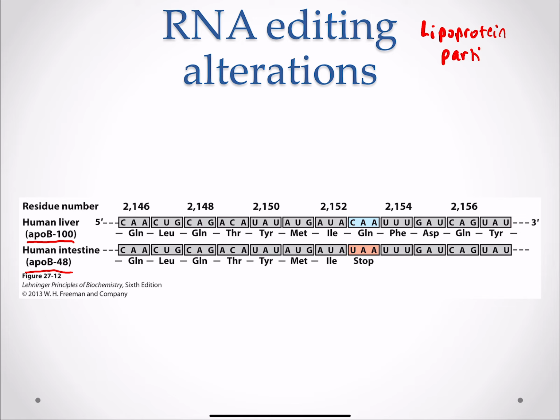Those are the chylomicrons, the very low density lipoproteins, etc. So ApoB100 is found in very low density lipoproteins, and ApoB48 is found in our chylomicrons.